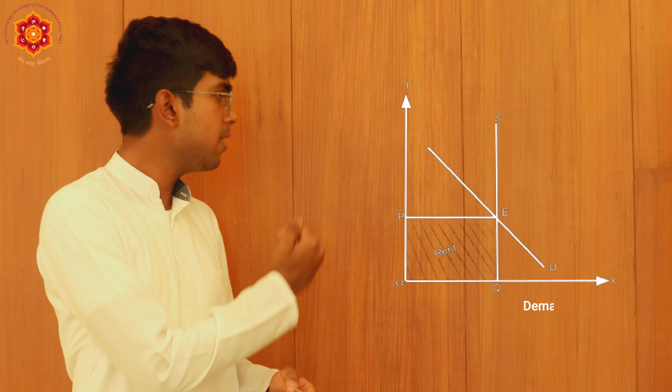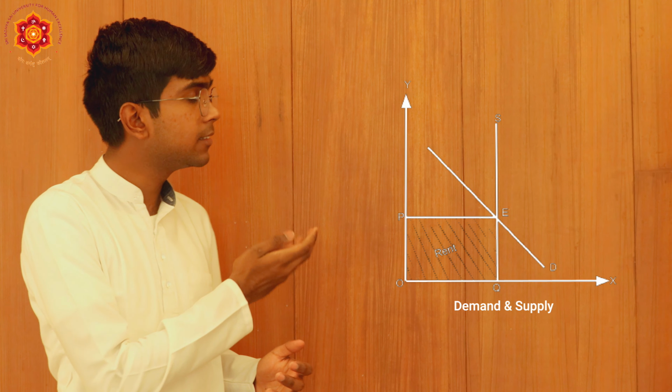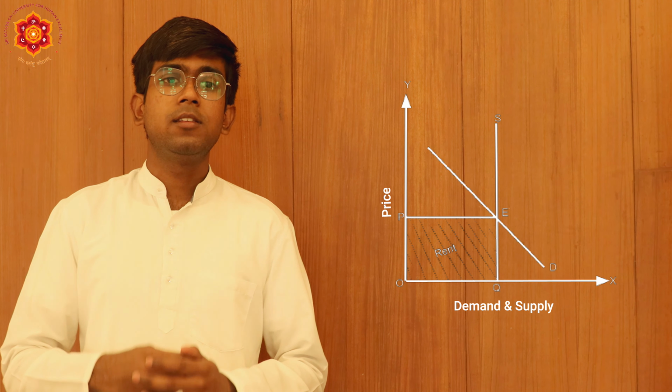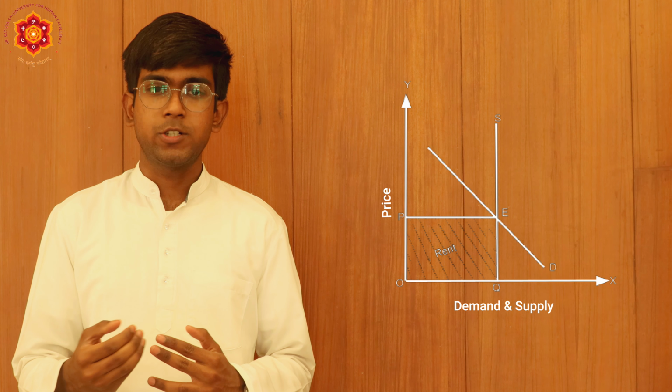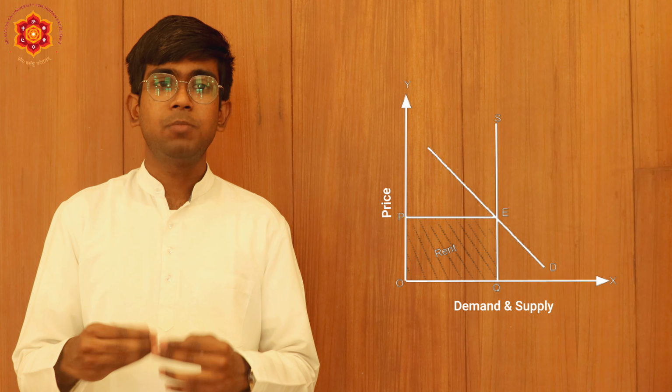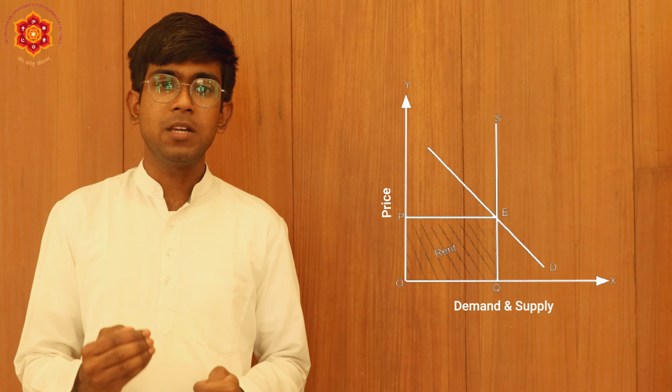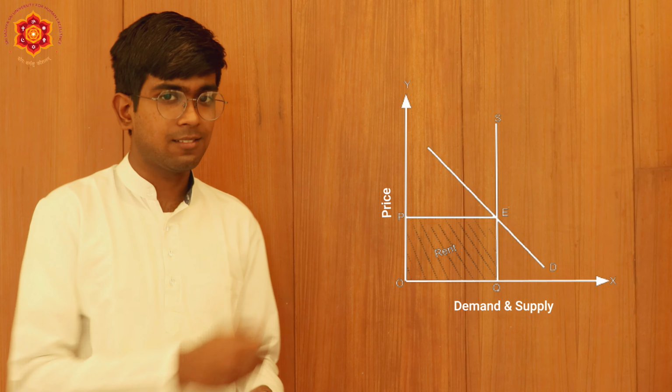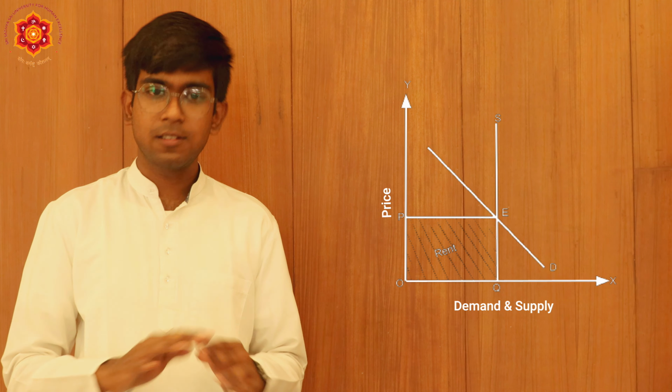In the second case, the supply of factor is perfectly inelastic. So again, the x-axis will be for the demand and supply, and the y-axis will be for the price of the factor of production. Since the supply is perfectly inelastic, it will be vertical to the x-axis, and the demand curve will be the same.